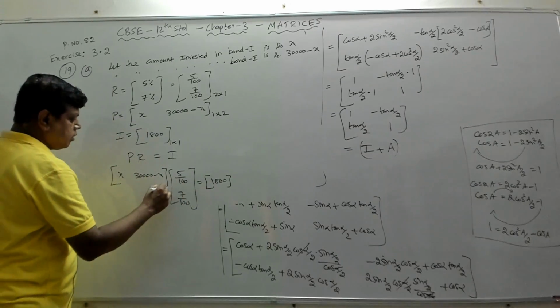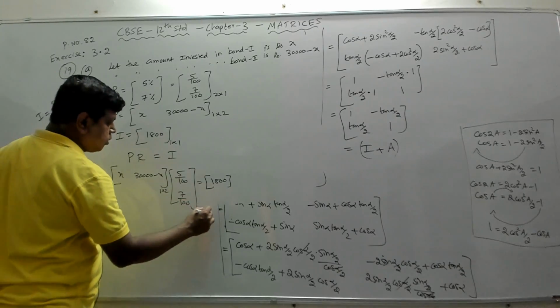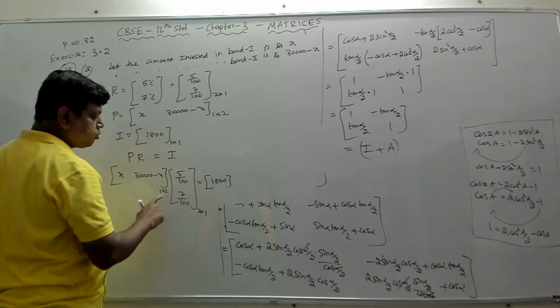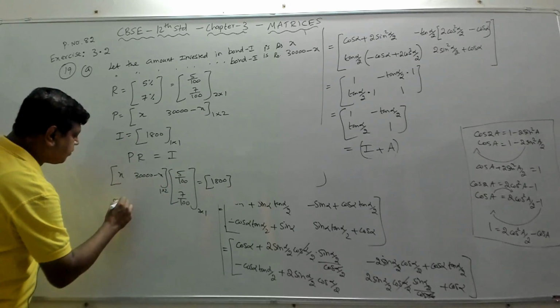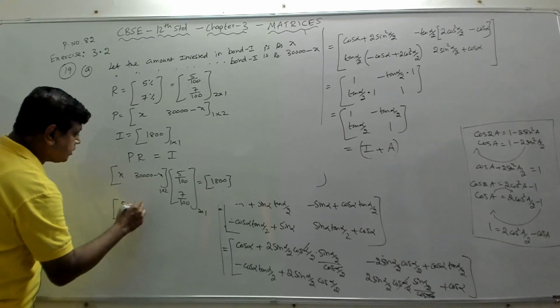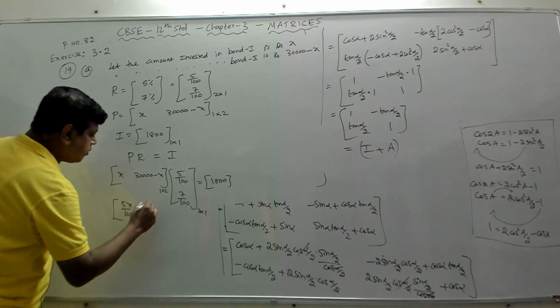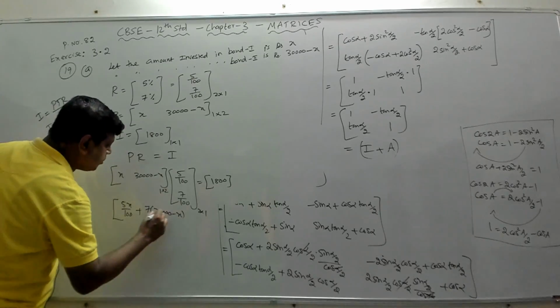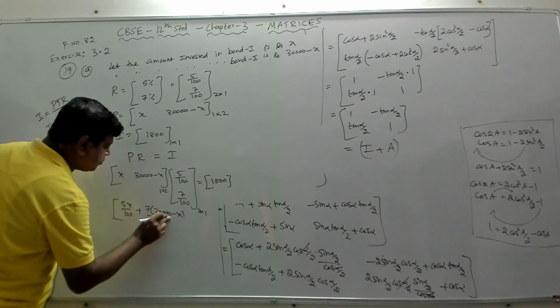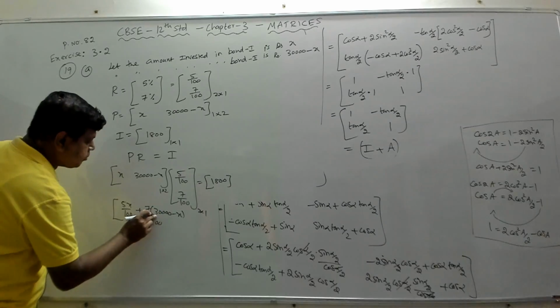This is a 1 cross 2 matrix and this is a 2 cross 1 matrix. So if you multiply, finally you'll get a 1 cross 1 matrix. That will be equal to X into 5 by 100, which is 5X by 100, plus 30,000 minus X into 7 by 100, which is 7 into 30,000 minus X by 100.